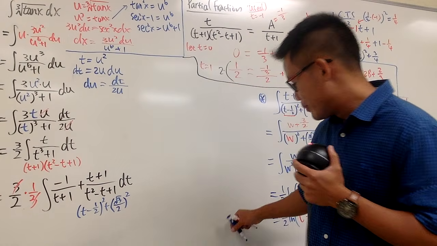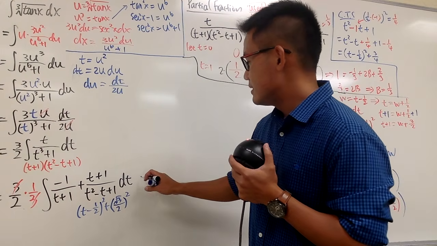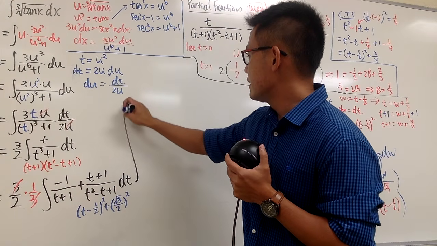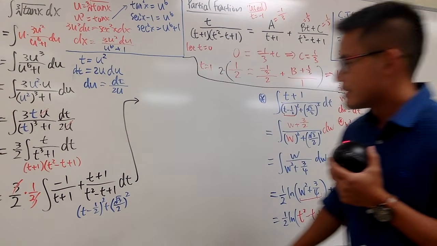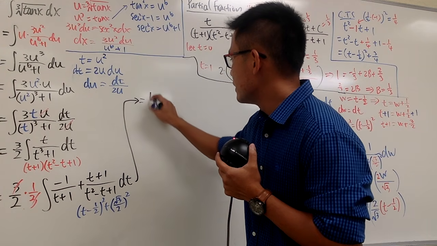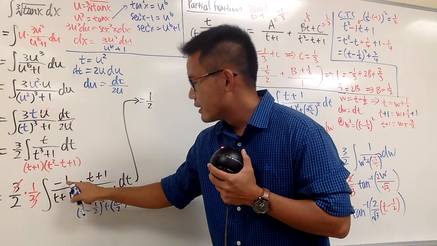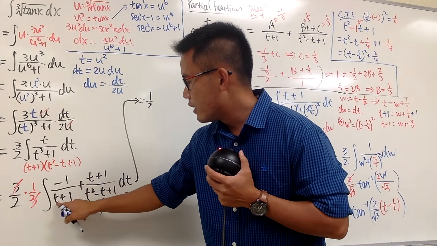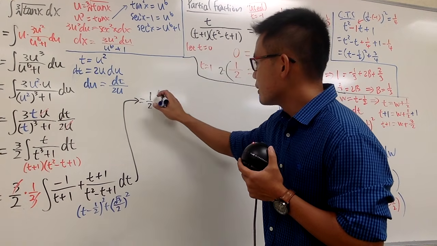And then now we are pretty much ready to go, kind of. Let's see what do we have. There's not really enough space for us to finish all that. We'll try. First of all, we have 1/2 in the front. Now let's integrate -1 over t plus 1. We know it's going to be ln, right? So let me open parentheses.